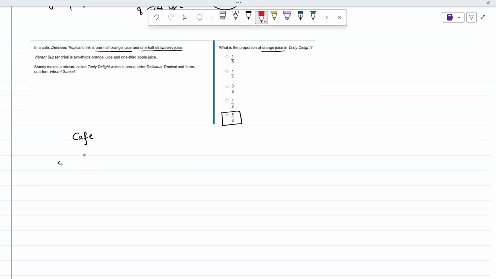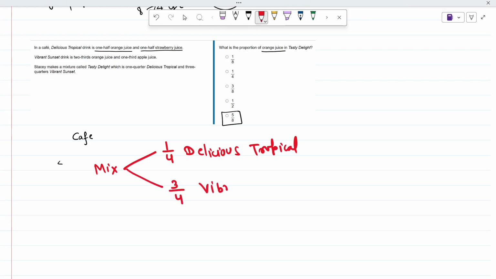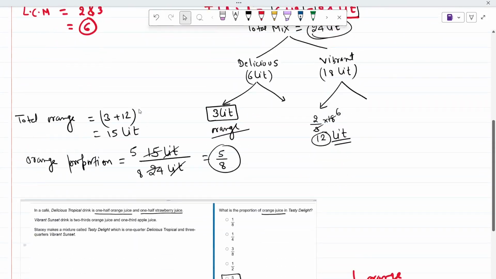We know that the mixture basically has 1 by 4 of delicious tropical drink, and it has 3/4 of vibrant sunset drink. And we know in this delicious tropical drink, we have 1/2 of orange juice and 1/2 is, I think, strawberry juice.